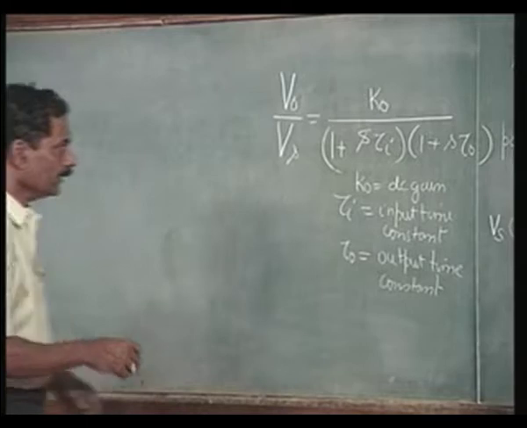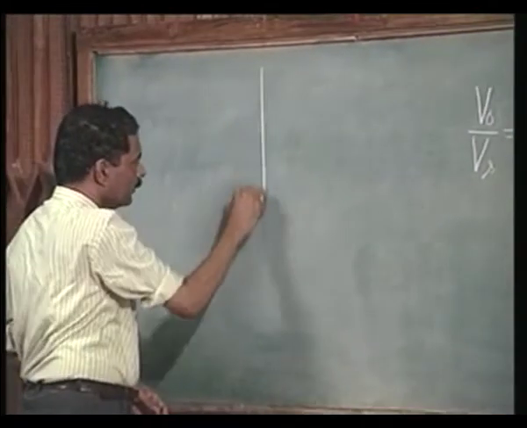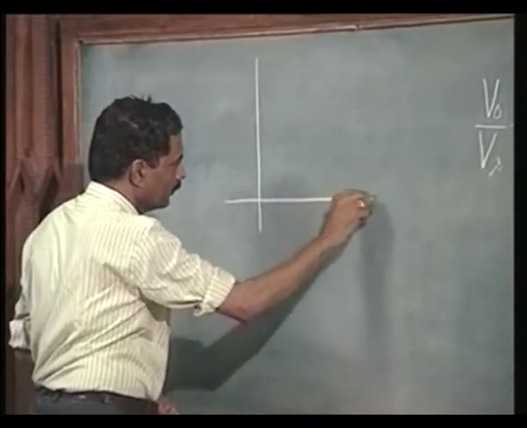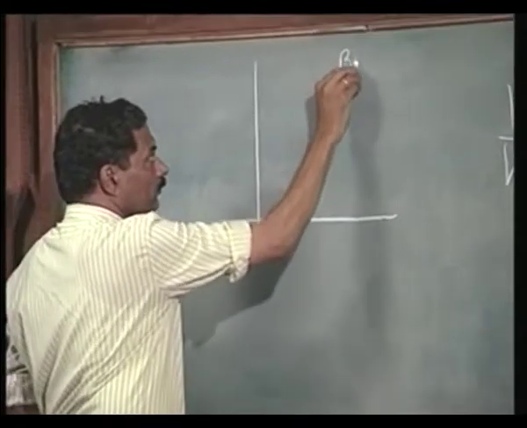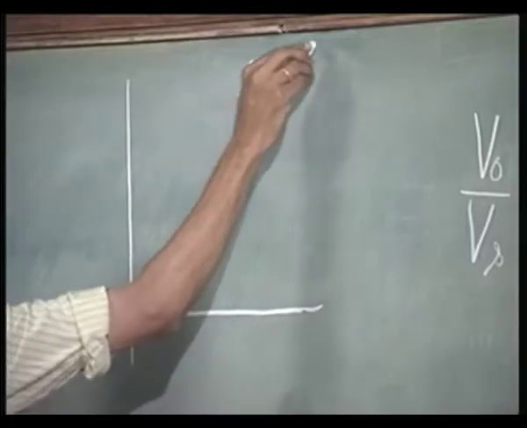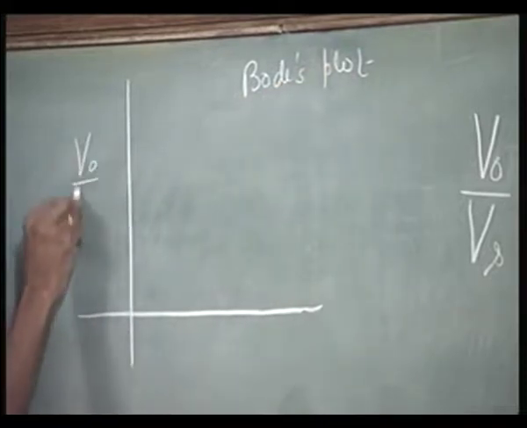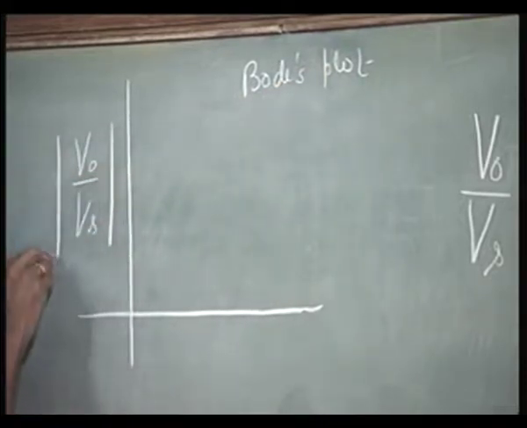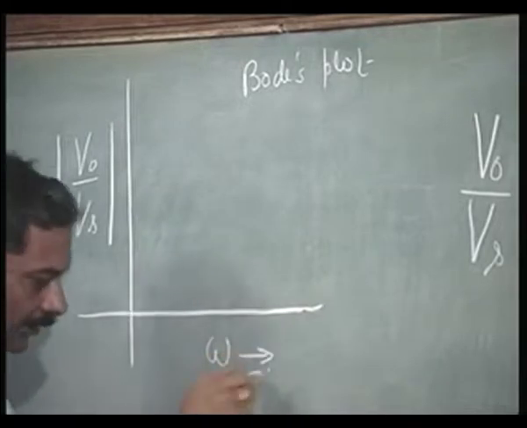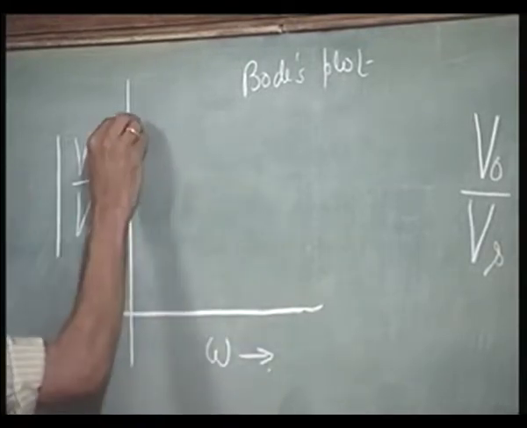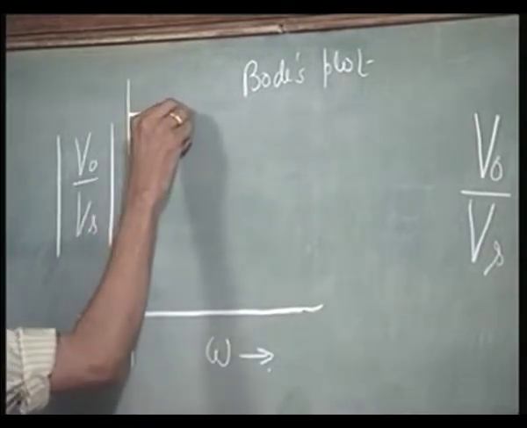We have seen that the Bode's plot for the magnitude of V naught over Vs versus omega will look like this. These are asymptotic.